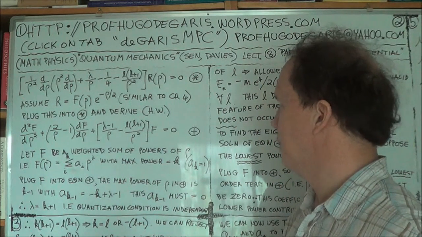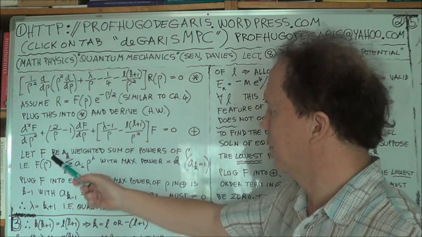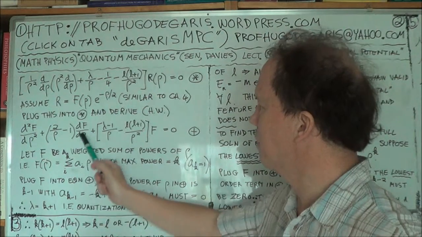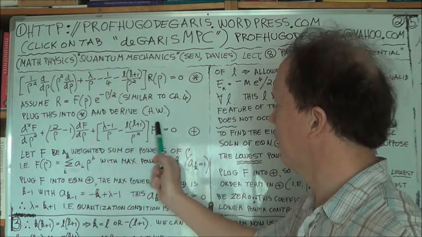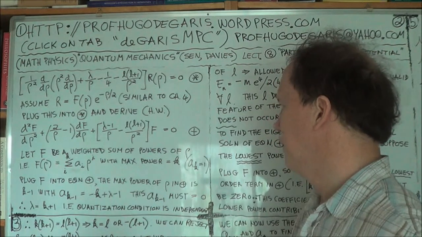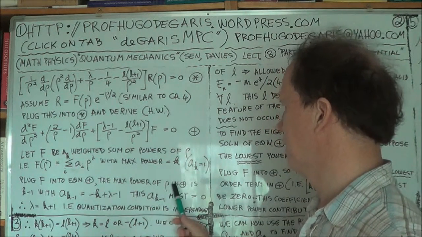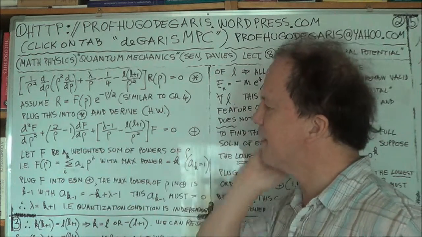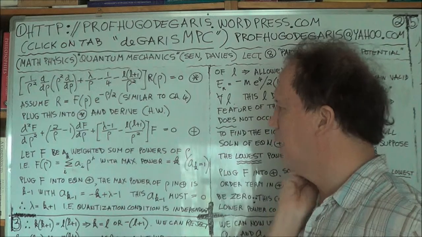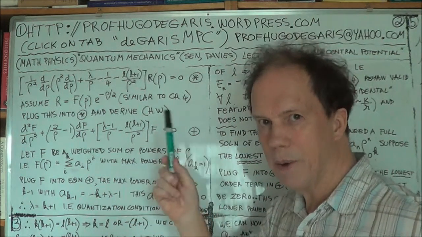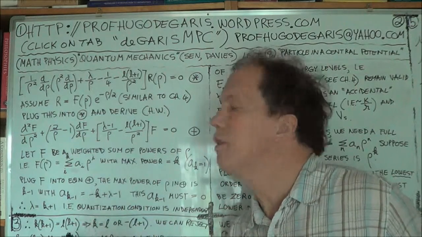You'll differentiate it twice with respect to rho, you differentiate it once, you'll be dividing it by rho and rho squared, etc. Work all this out, and then have a look at the highest power of what's left over.